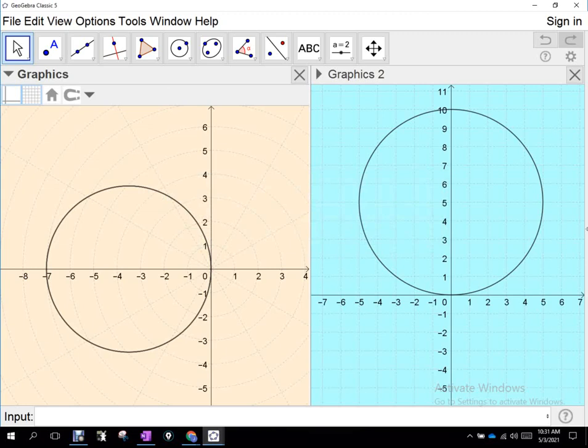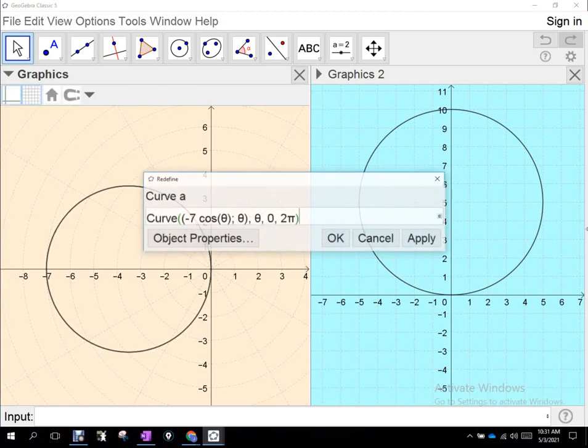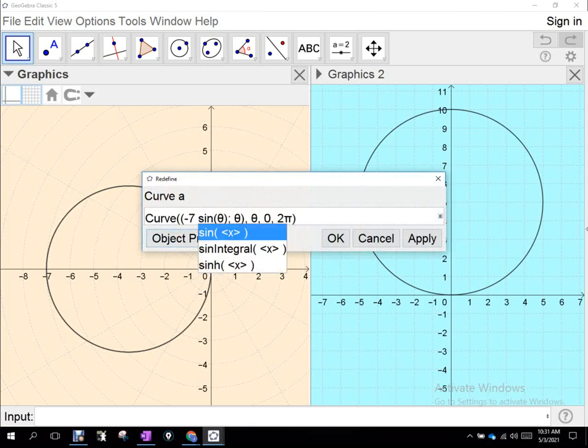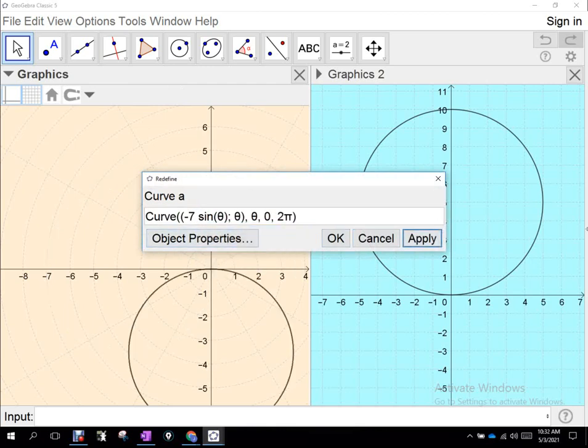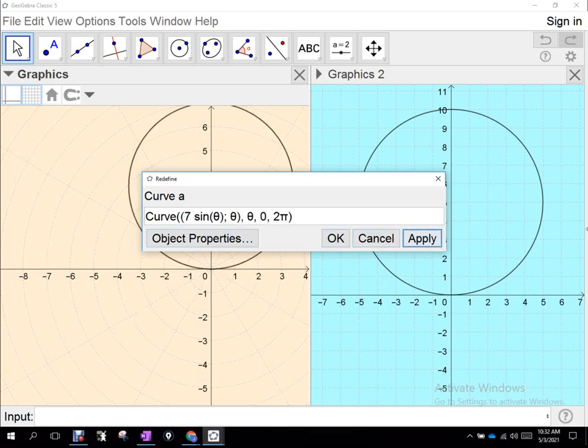What do you think is going to happen if I make this, instead of the cosine, maybe I make that sine now? Yep, so I'm going to put it on the y-axis. And because it's now negative, it's going to be down here. If I want it up top, very positive.